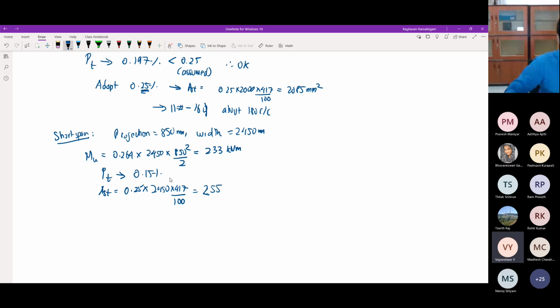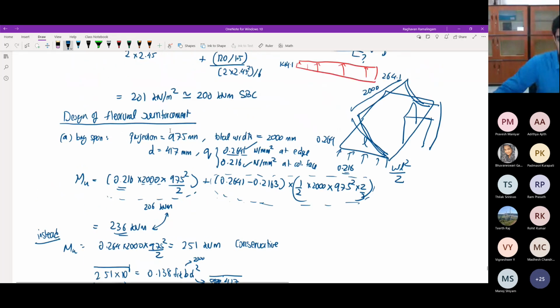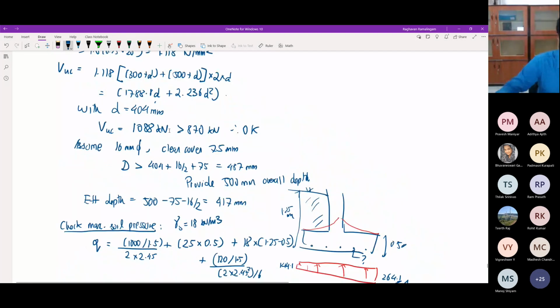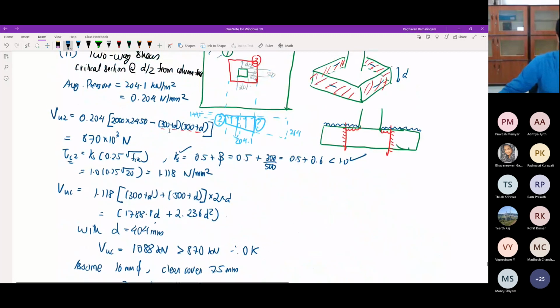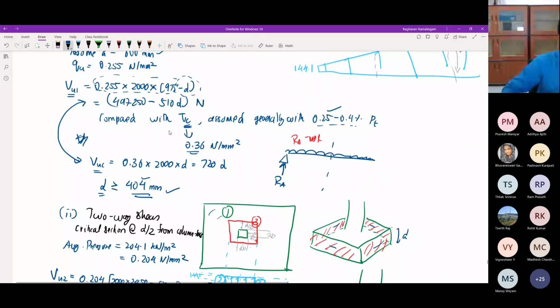So PT is 0.15 or 0.25? 0.15 only, but you can use 0.15. We had assumed 0.25 for the one-way shear condition. At that point we did not know what our PT would be, but we require PT to find tau c.